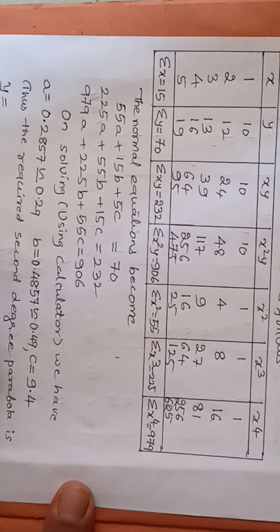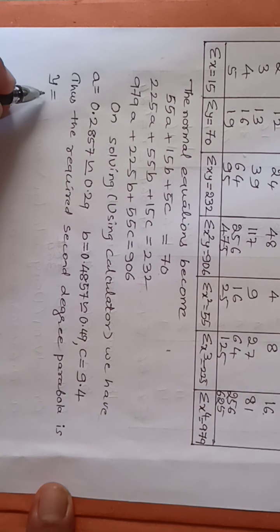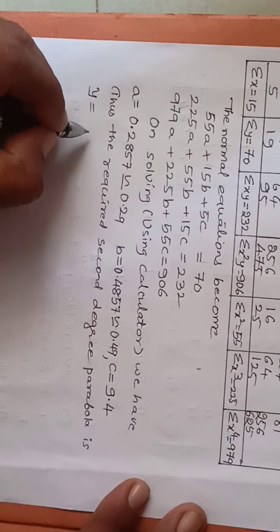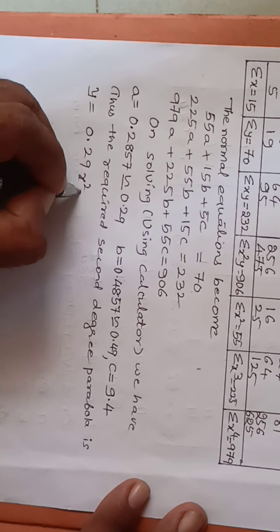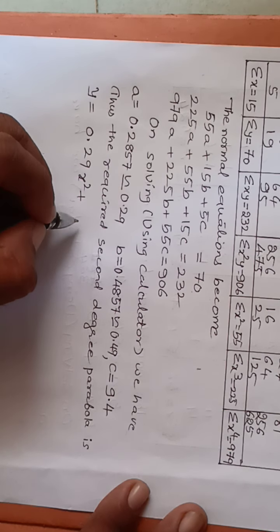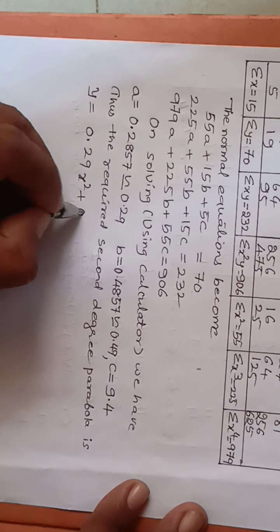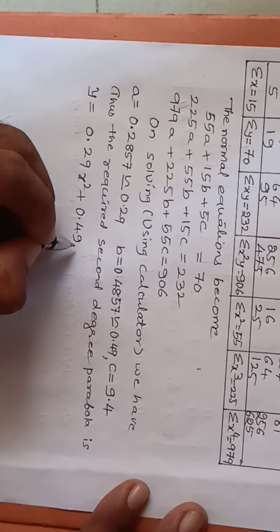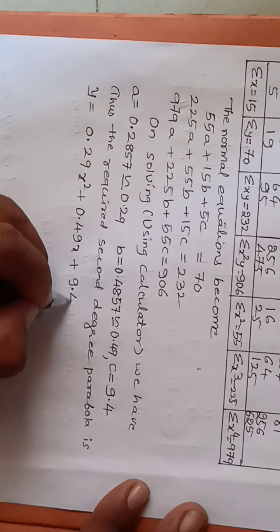Thus the required second degree parabola is y is equals to ax square plus bx plus c, y is equals to 0.29 x square plus 0.49 x plus c is nothing but 9.4.